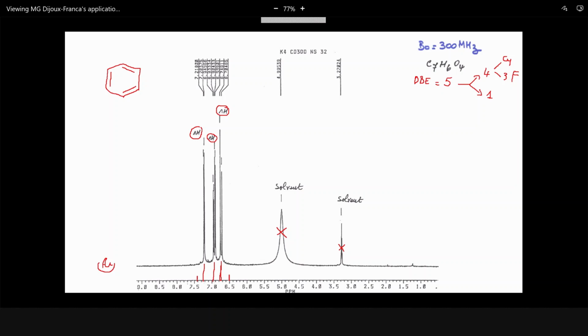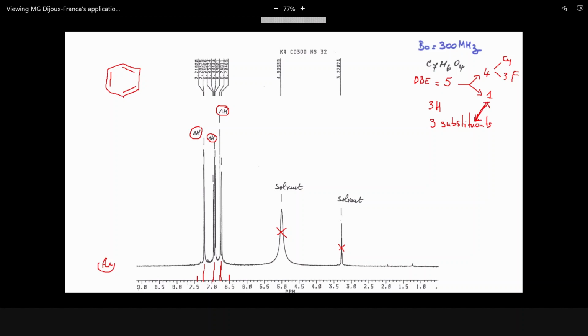That means I should have 3 different substituents, and in these substituents, I have to find 1 double bond.